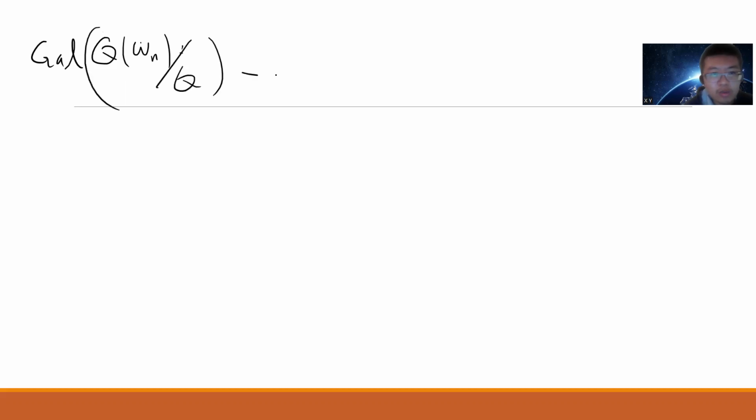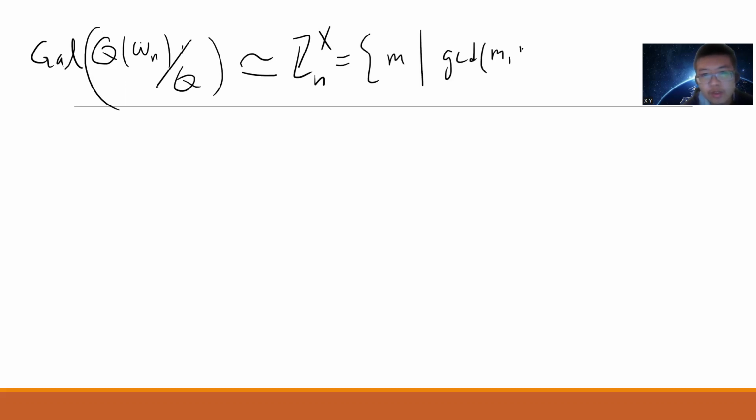Let's recall a fact that I think is easy, that you can prove by yourself: if you adjoin a primitive n-th root of unity and take the Galois group over Q, it becomes Zn cross, the elements m which are coprime with n.